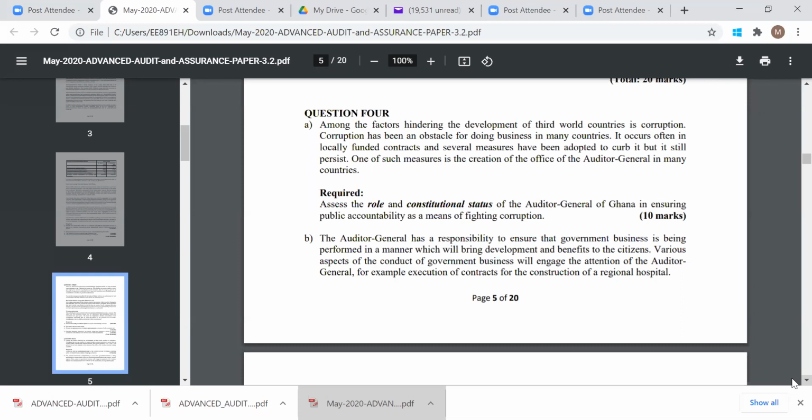And the Auditor General is part of the Audit Service Board. So that is where the Auditor General derives their legality. The Constitution has certain provisions on who the Auditor General is and what the limits of his or her authority are.